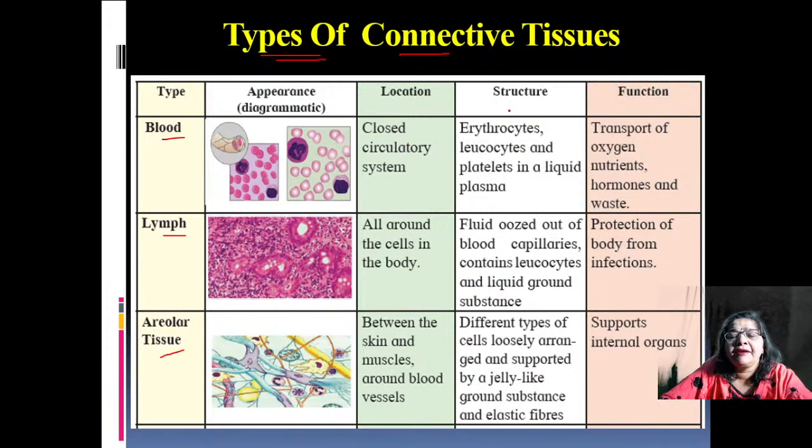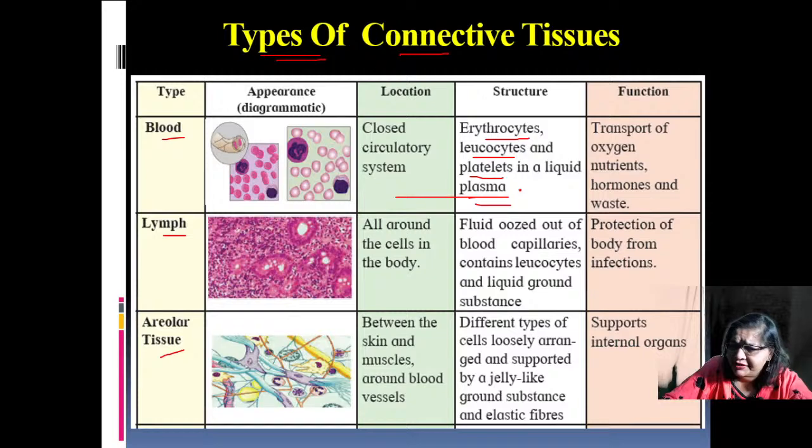If you see the structure of blood, it contains different types of cells like erythrocytes, the RBCs, the red blood corpuscles. The leukocytes are the white blood corpuscles, the WBCs, and there is another type called the blood platelets, which are found flowing in a liquid, fluid-like substance called plasma.